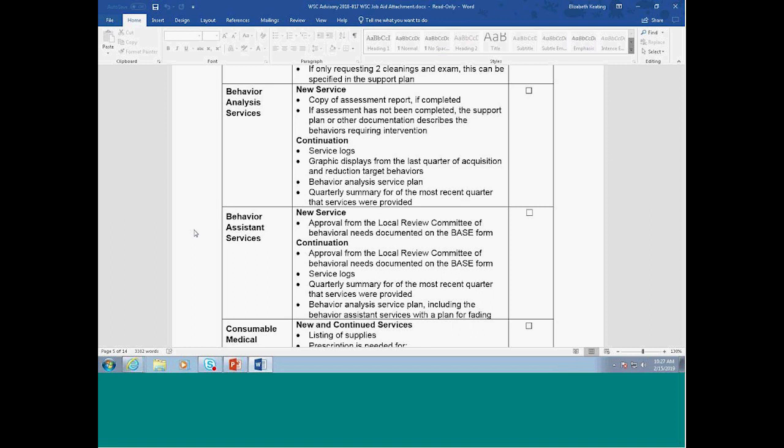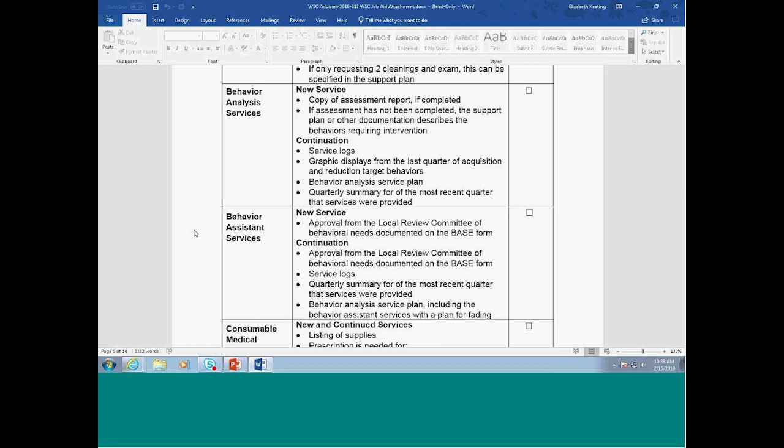But we're going to have that BASE, and you should read the recommendations on the BASE. So if the BASE says, for example, behavior analysis level 1 is approved for 32 quarter hours a month or something like that, then that's what your recommendation or request should be.